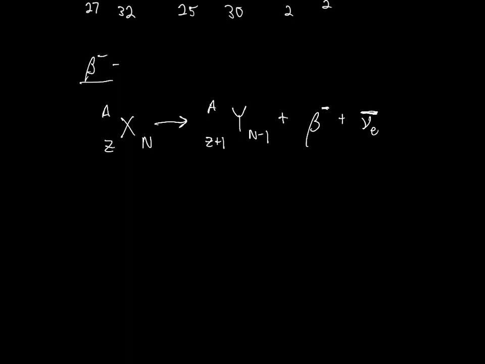Because this is -1, a negative charge that I'm putting in, I need to add a proton to cancel out that electron so that I keep the same Z, the same number of positive charges on the left and right hand side. And because I'm adding a proton, I need to subtract a neutron so that I keep my mass number the same. Mass number still has to be Z plus N.